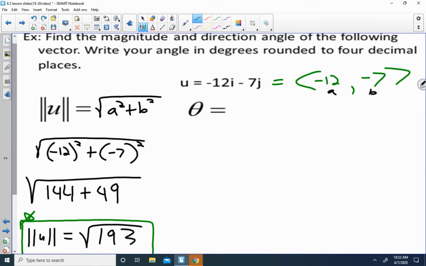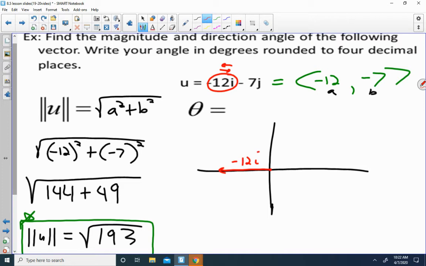All right, moving on to the next step. We need to find the angle. So let's go ahead and find a triangle to help us out. First, I've got negative 12i. That's going to tell me to move left or right. So that's going to tell me to move left, negative 12. And then I've got negative 7j. J is the unit to tell me to move up or down.